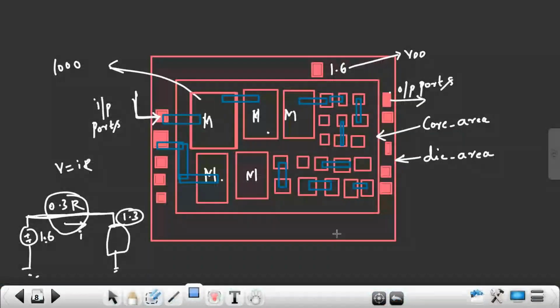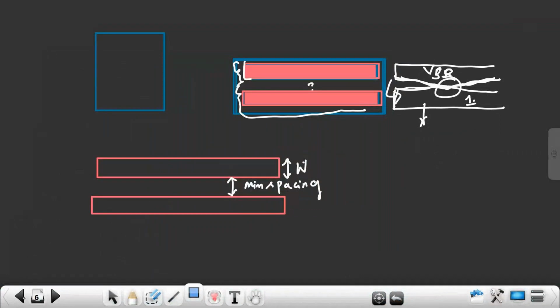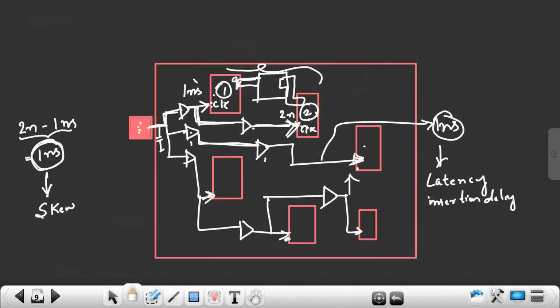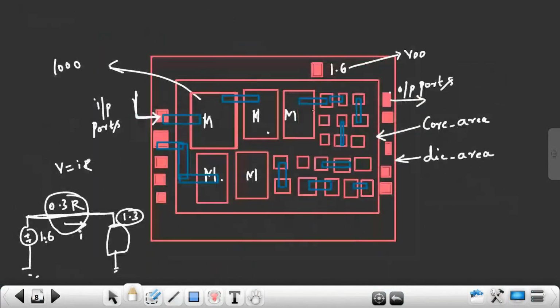So in the netlist I have connections, right? For example, N4 is the output of the U1 gate and is input to the U2 gate. Whether the same connection is maintained in the layout or not. Here the same connection is done through metal layers. So is this the output of the U1 cell connecting to the U2 cell or not?